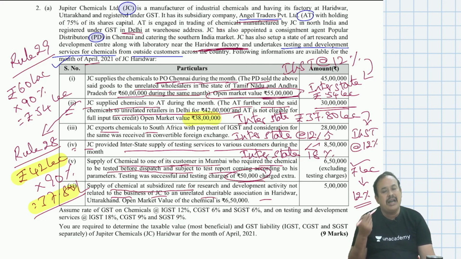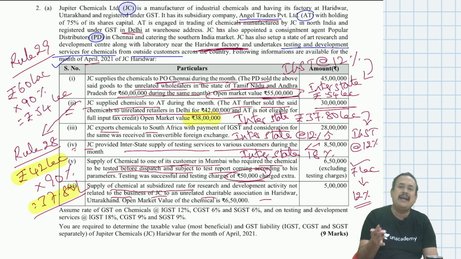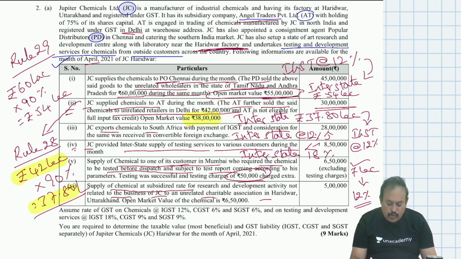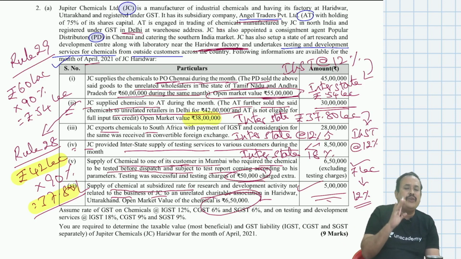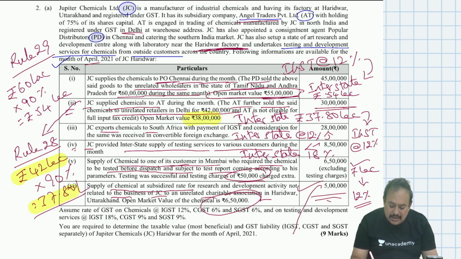So Haridwar to Haridwar, supply of chemicals at subsidized rate. Subsidized rate means at discount rate. Discount is allowed as a deduction only. Open market is 6,50,000, but they supplied at 5 lakh rupees, to an unrelated party by giving a discount of 1,50,000, allowed only. So 5 lakhs, on which it is intrastate supply.